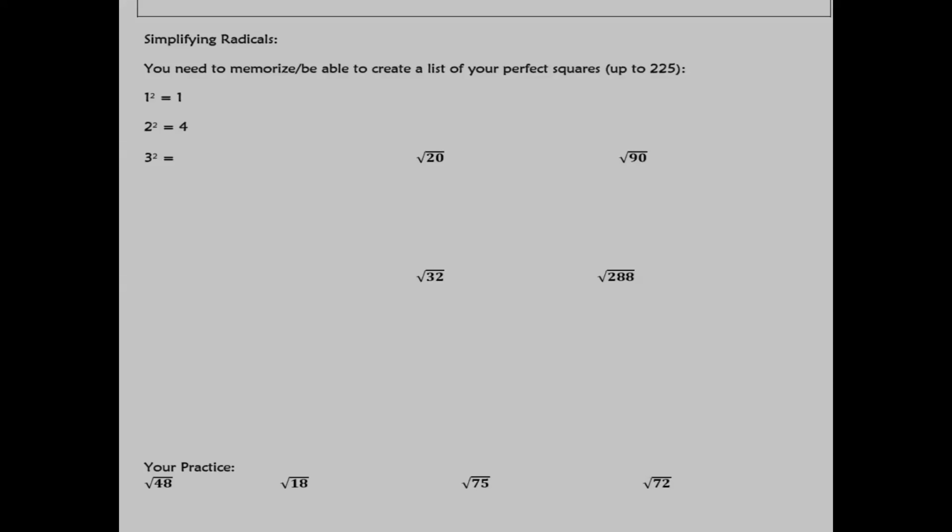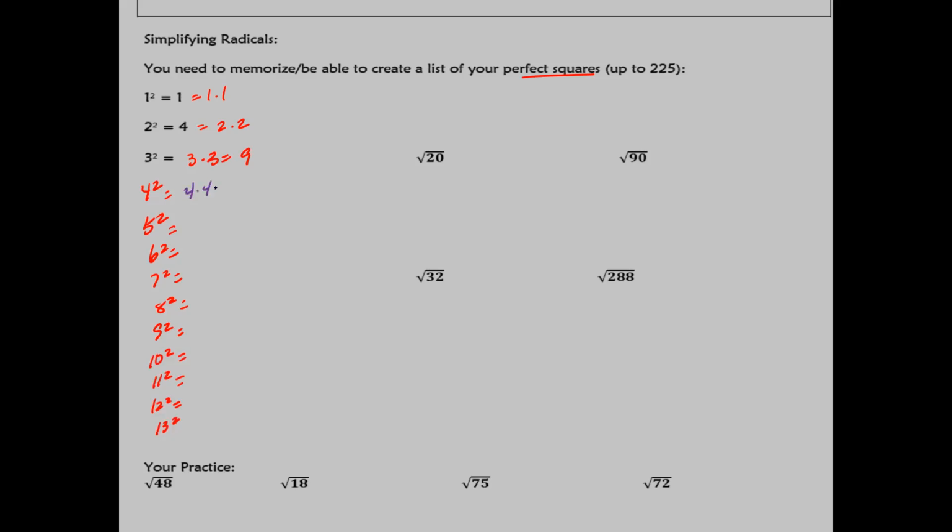All right, so first what we're going to do is memorize your perfect squares. So you know that 1 squared is the same thing as 1 times 1, which is 1. 2 squared is 2 times 2, which is 4. 3 squared is 3 times 3, which is 9. And then I want you guys to continue on with the rest of these all the way to 13 actually: 5 squared, 6 squared, 7 squared, 8 squared, 9 squared, 10 squared, 11 squared, 12 squared, 13 squared.